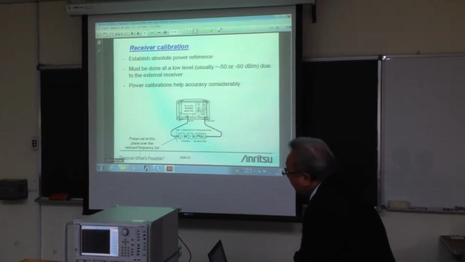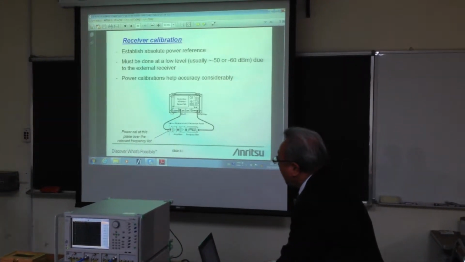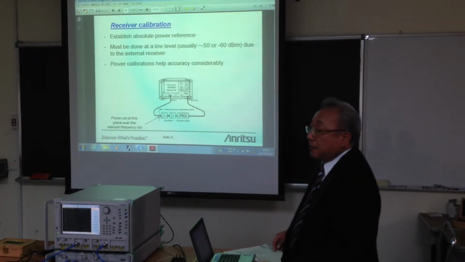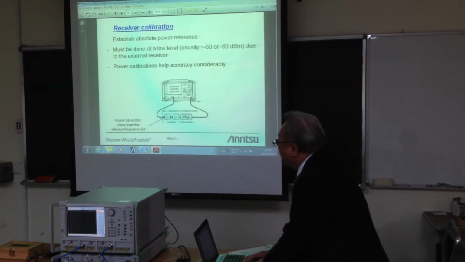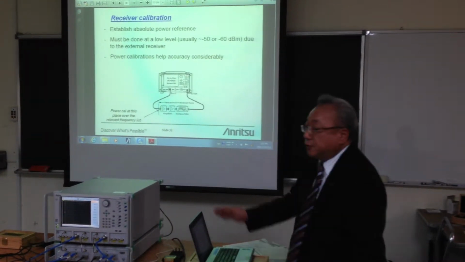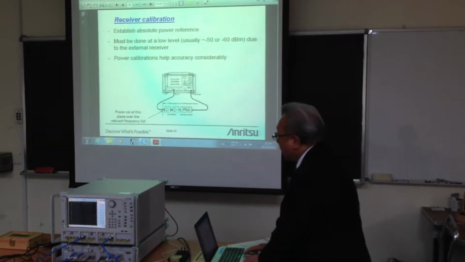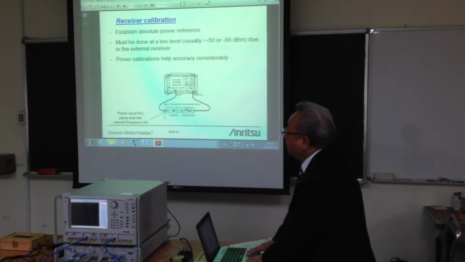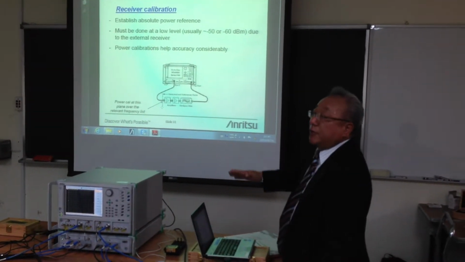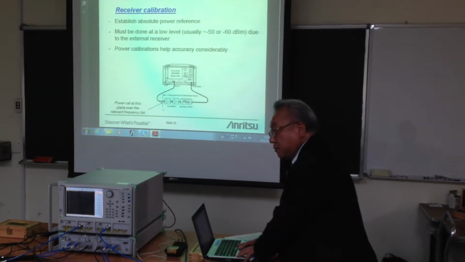In some cases, if they are using a long cable or some other transmission path, then at this point its power level is not flat over the frequency. In that case, we have to do a flat power calibration using an external power meter at this point.